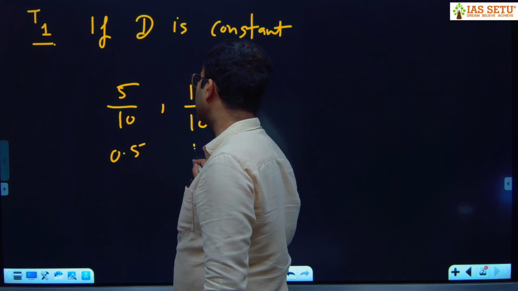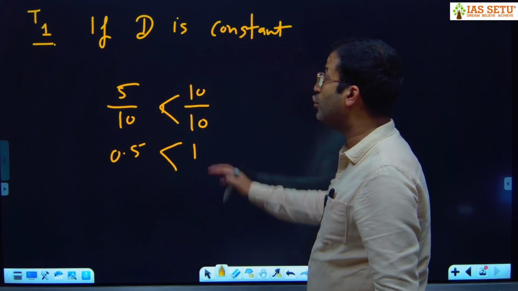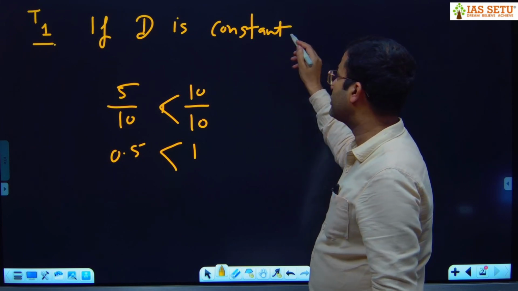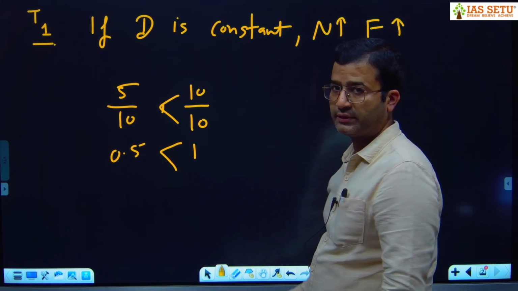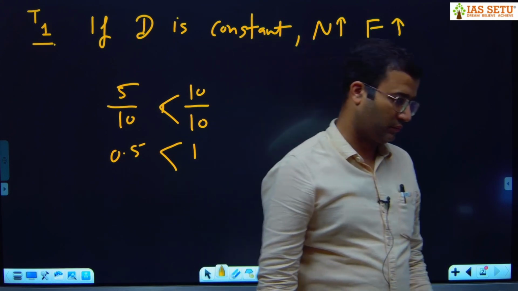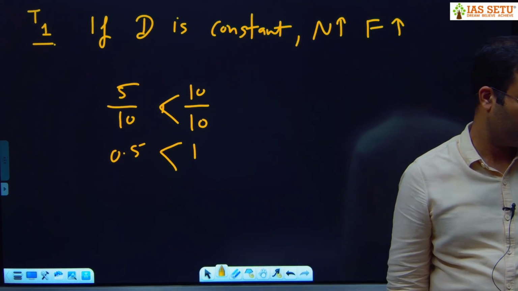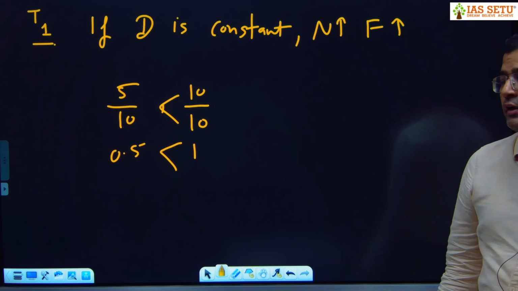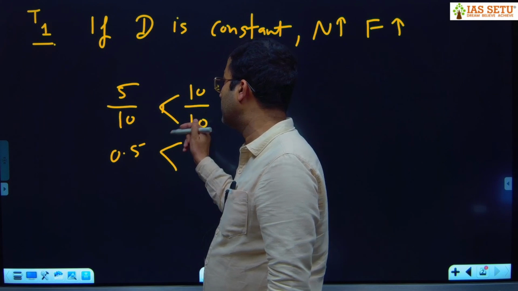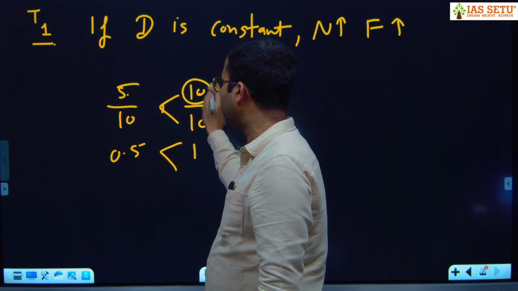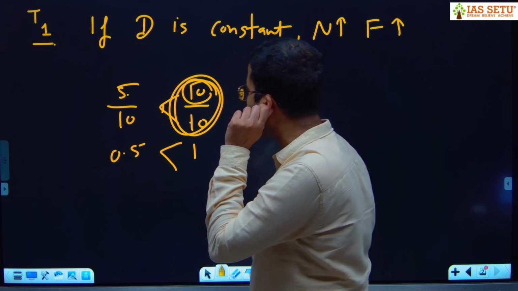So can we say 1 is greater than half, or 10/10 is greater than 5/10? So what is the rule? If the denominator is constant, as the numerator increases, the fraction value increases. 10 is greater than 5, so 10/10 as a fraction is greater than 5/10.